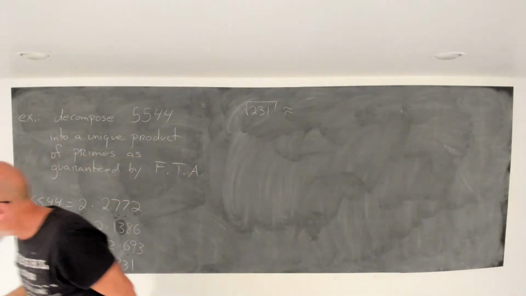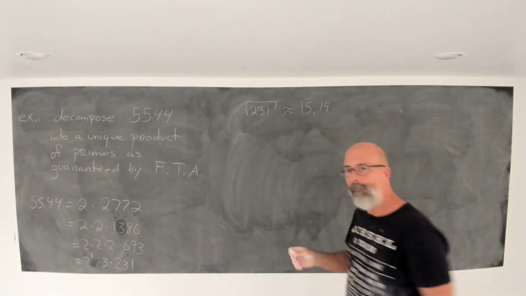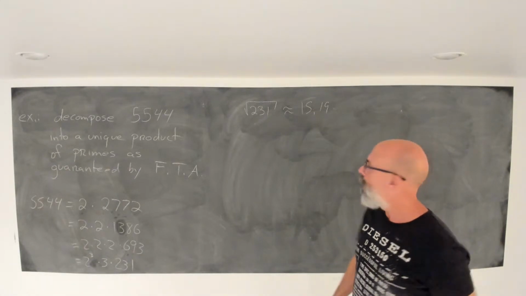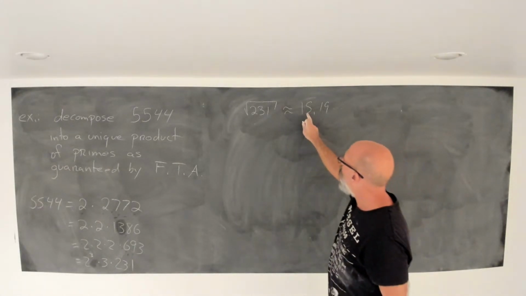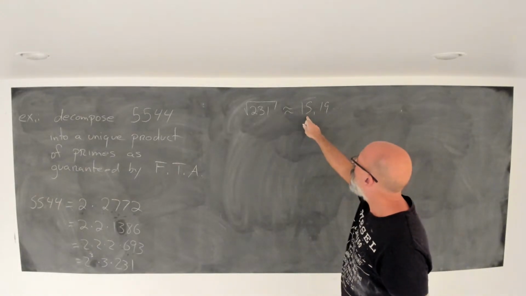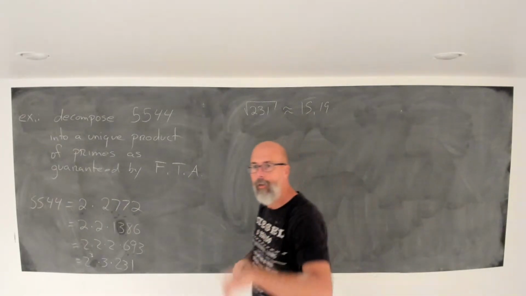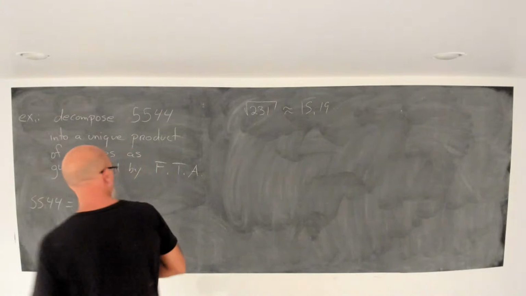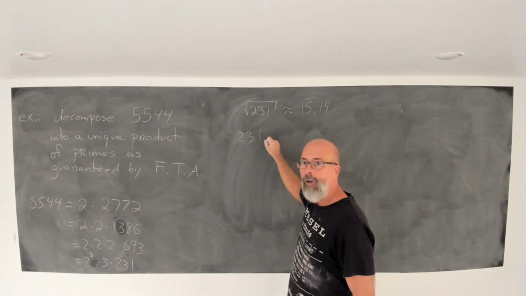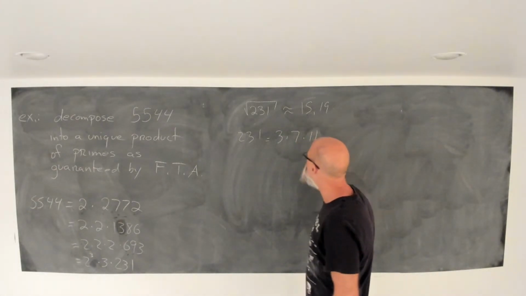I've worked that out, 15.19 something something. So you could test whether it's prime or not by looking at the prime factors from 2 to 13. But as Julie is suggesting, 231 is 3 times 7 times 11.